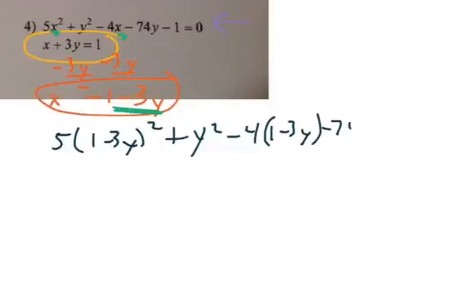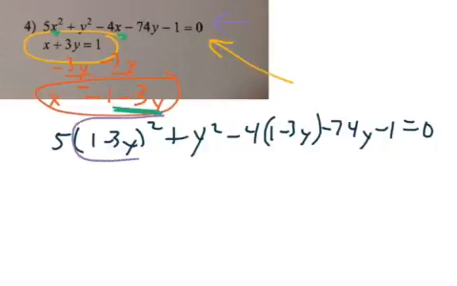A minus 74y minus 1 equals 0. So what we basically did, guys, is take the first equation right there, and wherever I saw x, I plugged in 1 minus 3y.